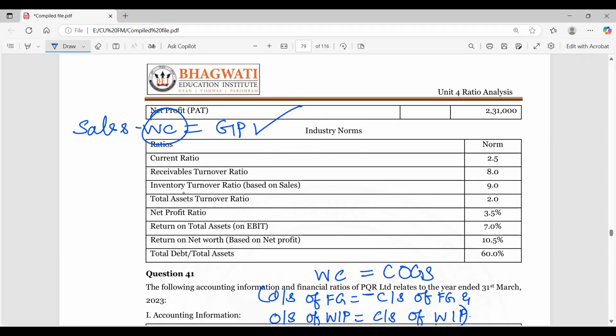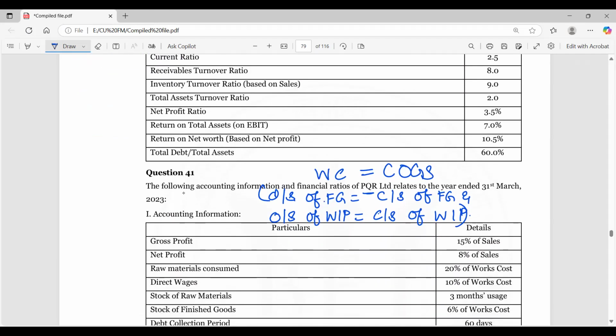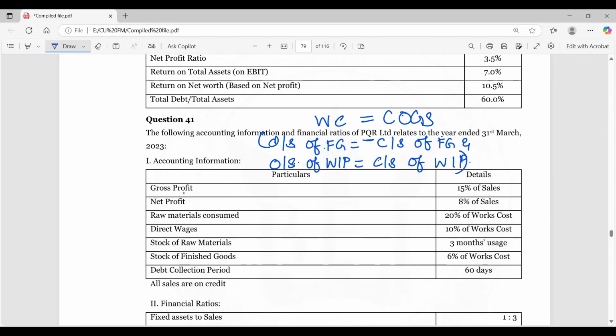This will hold true only when opening stock of finished goods is equal to closing stock of finished goods and opening stock of work in progress is equal to closing stock of work in progress. Because in such cases, works cost is equal to cost of goods sold because everything will cancel out, right? I hope you are getting the point. If you have understood cost sheet, understanding this is nothing. Did you all understand the logic? Clear? Now let's start solving this question.